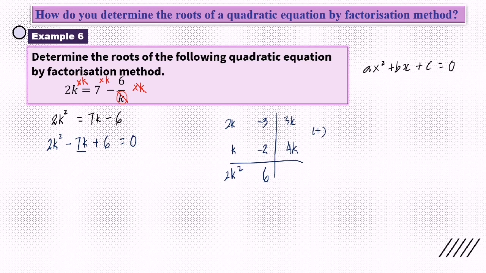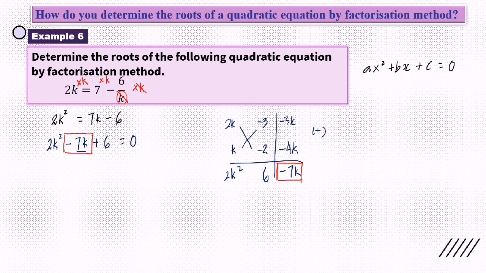Okay, so we do the cross multiplication. K times negative 3 is negative 3k. 2k times negative 2 is negative 4k. So negative 3k plus negative 4k is negative 7k. Again, teacher want to remind you, this one must equals to the middle one.